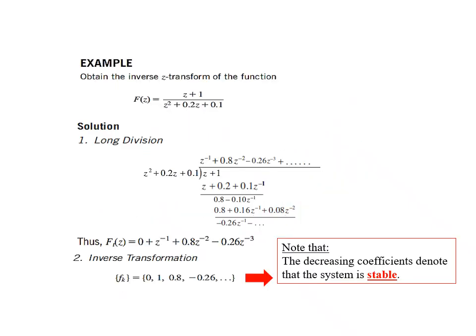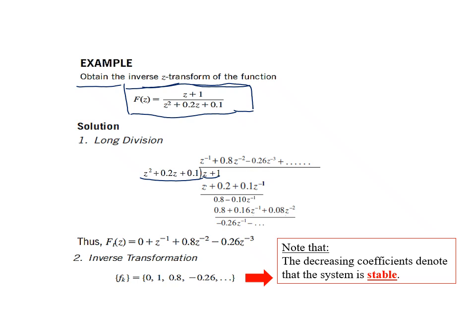Let's see an example. Obtain the inverse Z transform of the function f of z equals z plus 1 divided by z squared plus 0.2z plus 0.1. First, we will divide z plus 1 by z squared plus 0.2z plus 0.1.